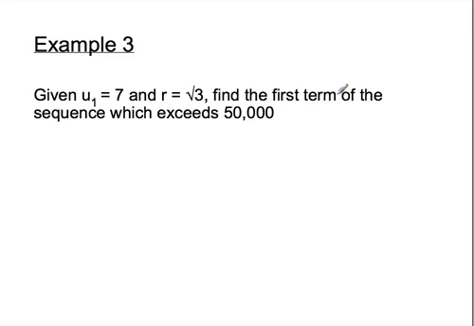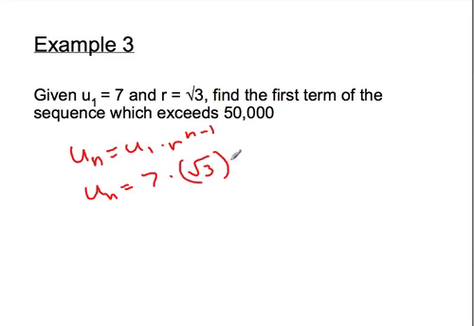Okay, in example 3, given u1 equals 7 and r equals root 3, find the first term of the sequence which exceeds 50,000. We're going to do this using the graphing calculator. The general formula is u sub n equals u sub 1 times r to the power of n minus 1. So in this case, u sub n equals 7 times root 3 to the power of n minus 1.